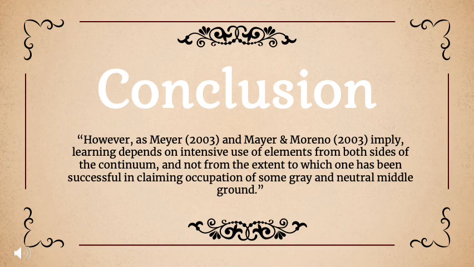Ultimately, I think that learning, for me as a math teacher, definitely depends on the intensive use of both objectivism and constructivism. And I think in many other areas, we tend to use both sides of them. We just may not realize that we are.